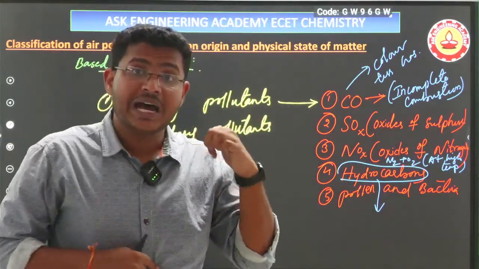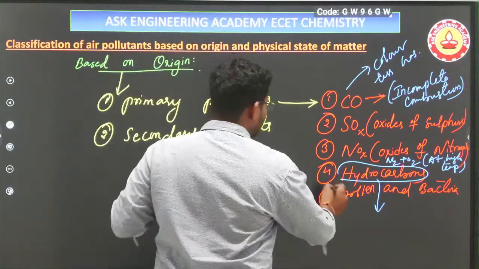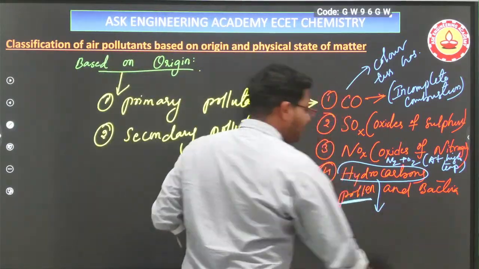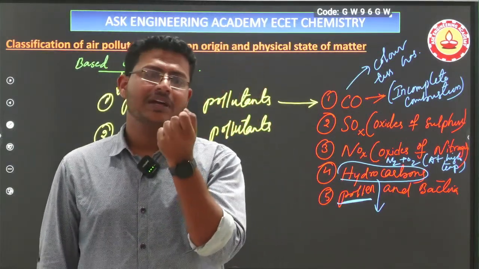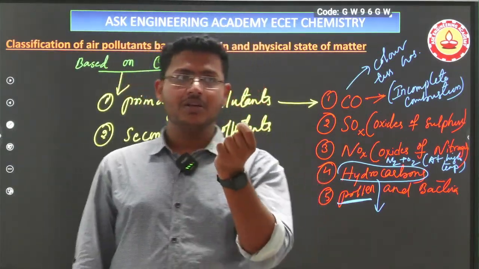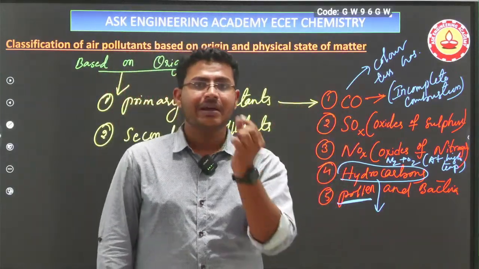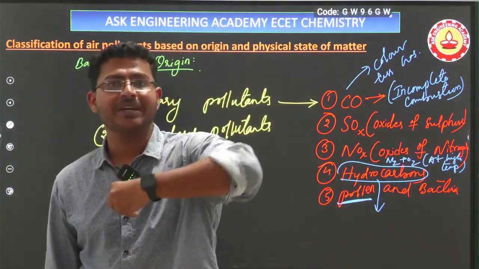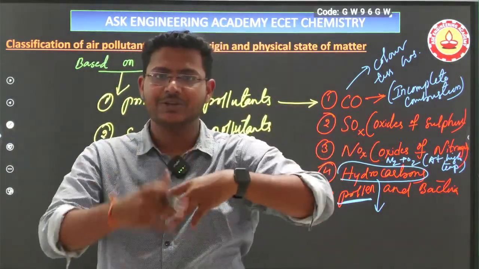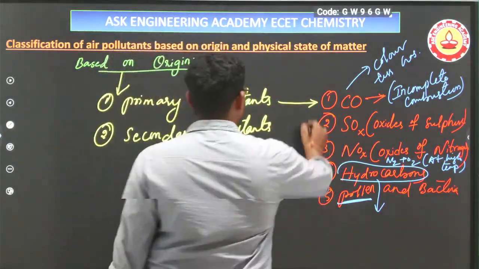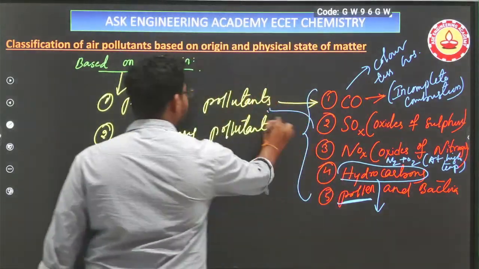Next, pollen. పొలెన్ అంటే ప్లాంట్ దగ్గర కొన్ని పొలెన్ ఉంటుంది, దాన్ని పొలెన్ గ్రెయిన్స్ అంటాం. అంటే ప్లాంట్ సెక్సువల్ గ్రోత్ డెవలప్ చేసేది. పొలెన్ గ్రెయిన్స్ ఎప్పుడైతే అట్మాస్ఫియర్లో స్ప్రెడ్ అయిపోతాయో అప్పుడు ఎయిర్ పొల్యూషన్ క్రియేట్ అవుతుంది. అది కూడా వన్ ఆఫ్ ది ఎగ్జాంపుల్. These are the 5 examples for primary pollutants.